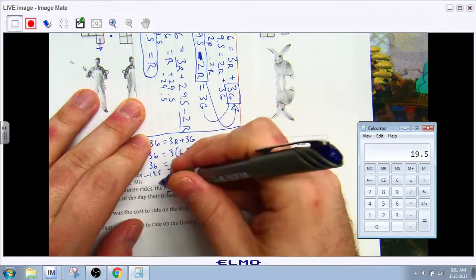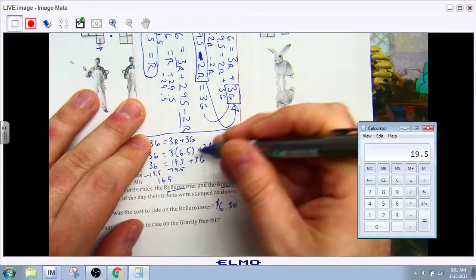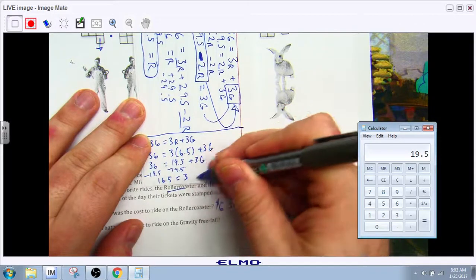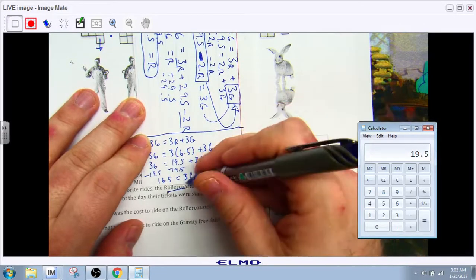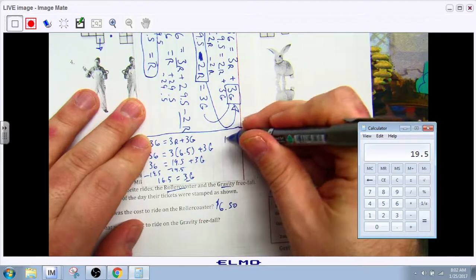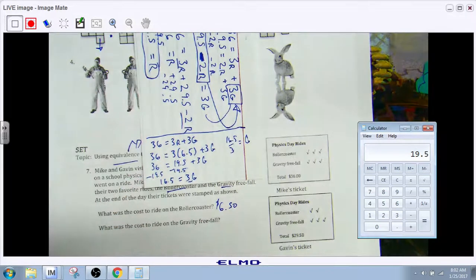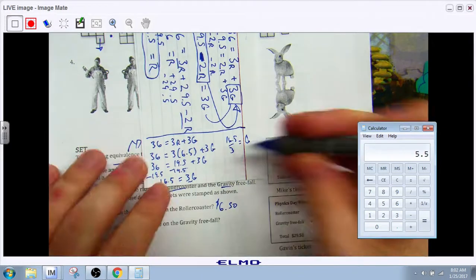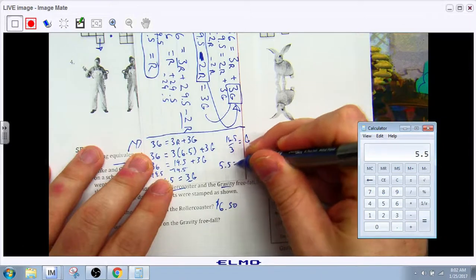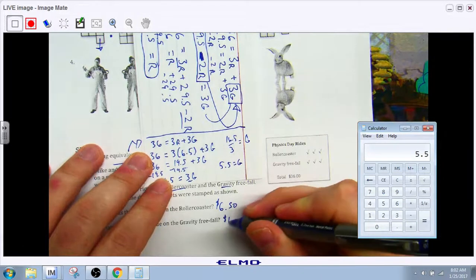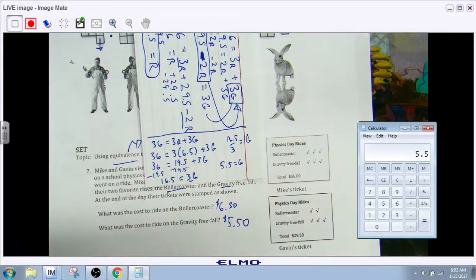That's going to give me 16 and a half equals 3g. I then divide by 3 on both sides. So 16 and a half divided by 3 is going to equal g, which gives me 5.50. So I know that $5.50 is how much I spent on the gravity ride.